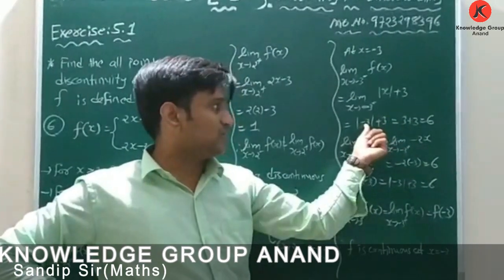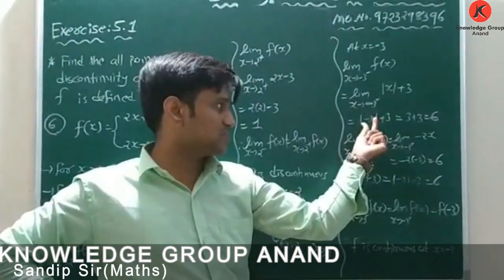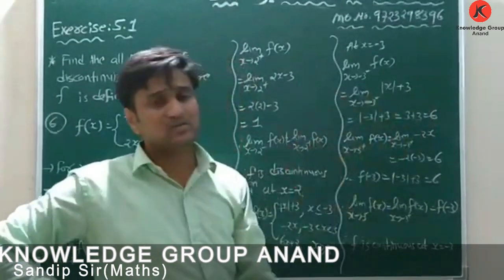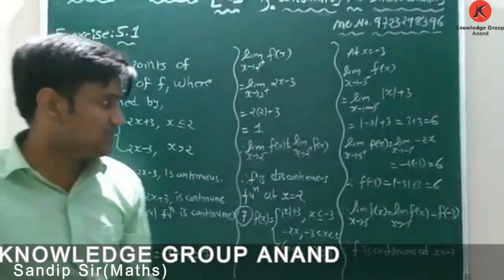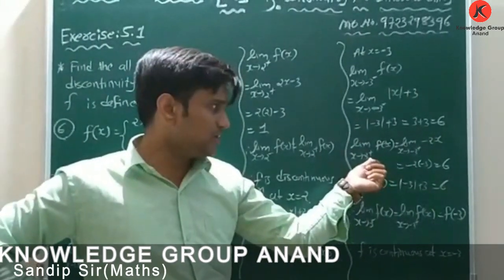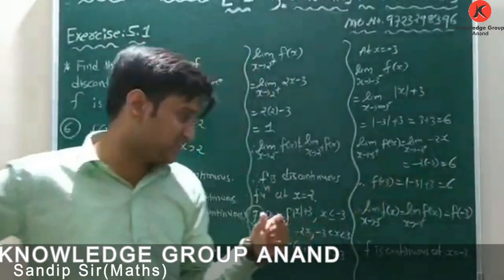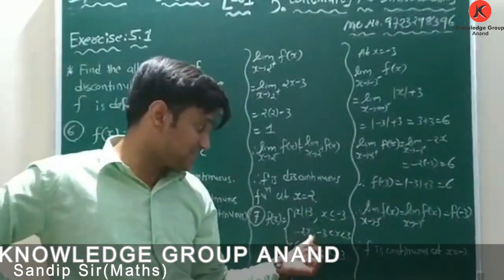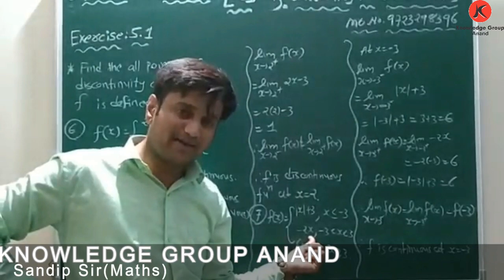Okay, x modulus gives the positive value, that means -3 gives a plus 3 answer, and the answer will be 6. Same to same right hand side limit માટે limit x tends to -3 plus f of x, slightly greater than -3, તો કયું function આવશે? -2x.